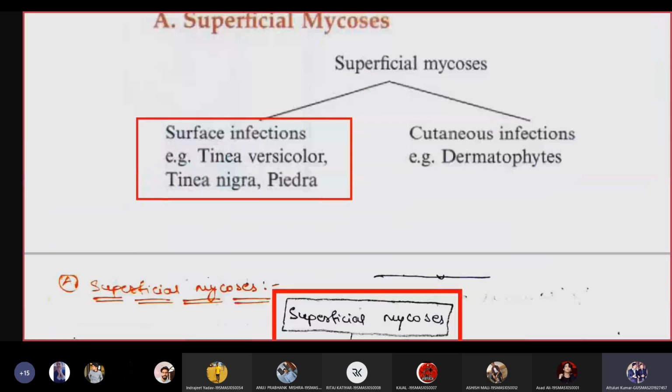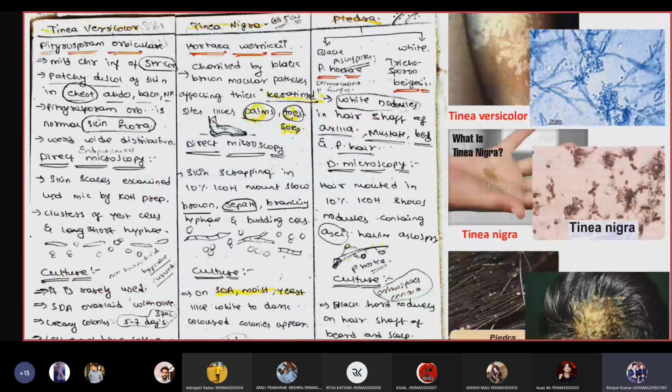Surface infections are of three types: Tinea versicolor, Tinea nigra, and Piedra. Tinea versicolor is due to Pityrosporum orbiculare, Tinea nigra is due to Hortaea werneckii, Piedra is due to Piedraia hortae and Trichosporon beigelii.